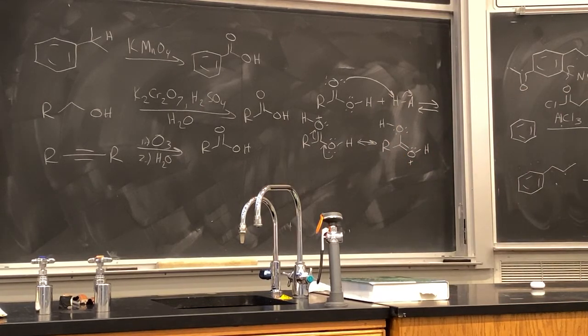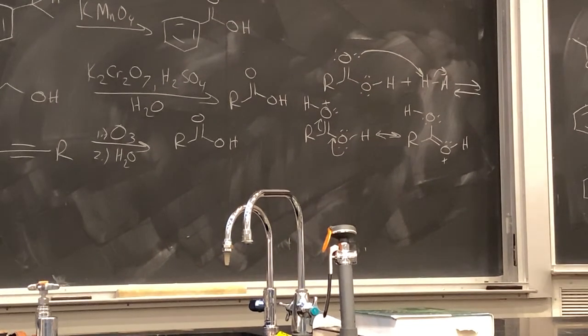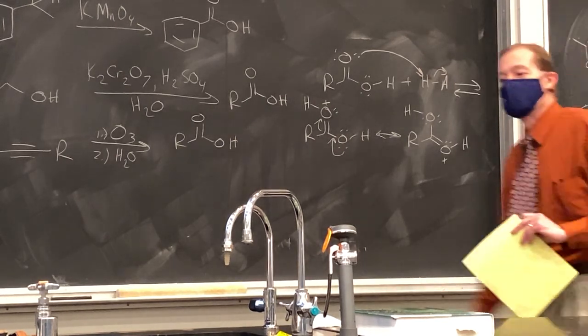These resonance structures are equivalent to each other, right? So we have the maximum amount of resonance stability, delocalization of that positive charge. We cannot draw those kinds of resonance structures if we protonate the sp3 oxygen, okay? So the sp2 oxygen will be more basic because we end up with a resonance stabilized conjugate acid.